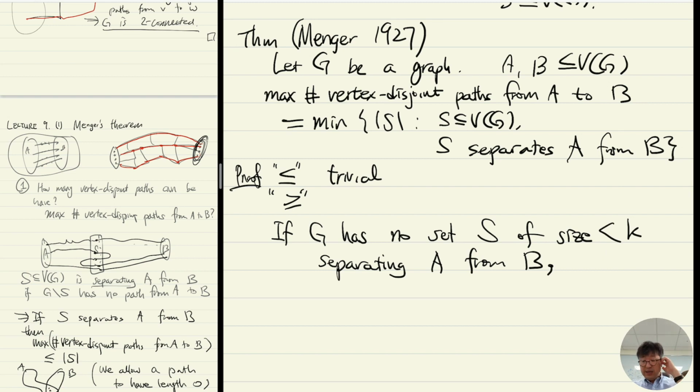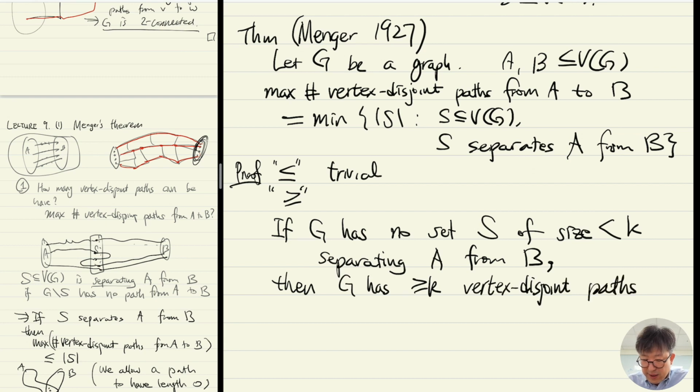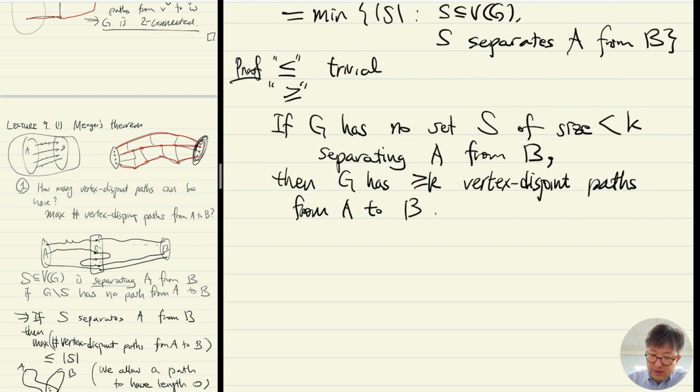This means the right hand side is at least K. If the theorem is true, then the left hand side should be at least K. Then G has at least K vertex disjoint paths from A to B. So that's what we claim.